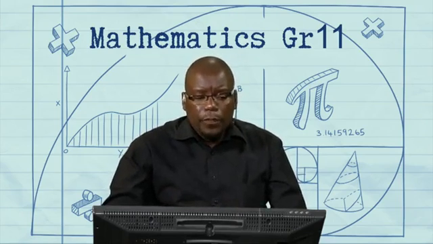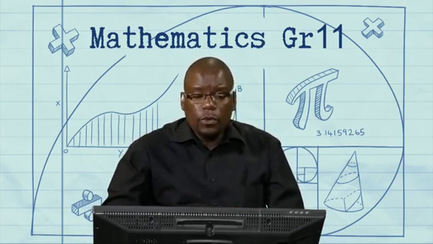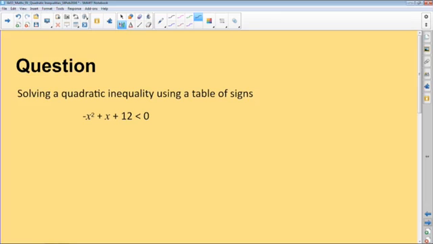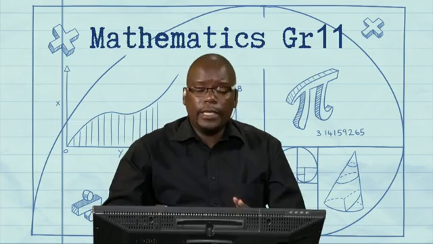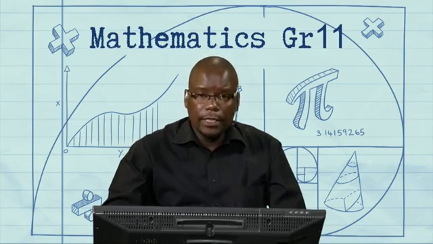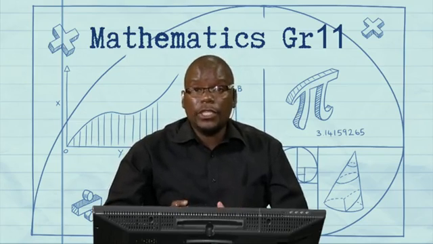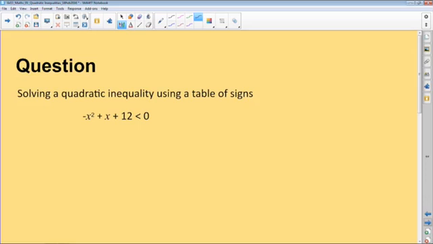Now, if you look at solving a quadratic inequality using a table of signs, this is a little bit tricky. Again, I suggest you work with the positive. So you've got negative x squared plus x plus 12.